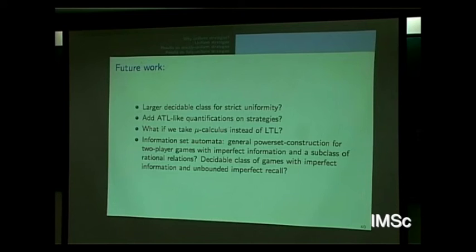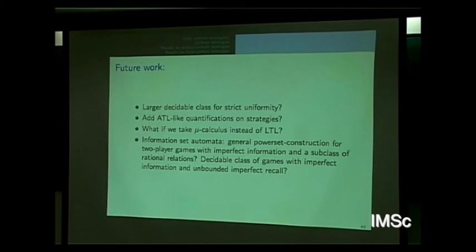And also what I would like to look at now is with information set automata, so these automata that compute information sets for arbitrary rational relations. I'd like to see if you can generalize the classic power set construction for games with imperfect information and see what are the least assumptions you have to make on the relations so that the power set construction works.